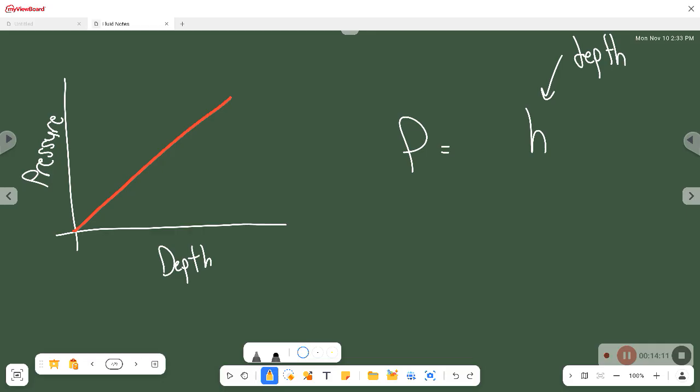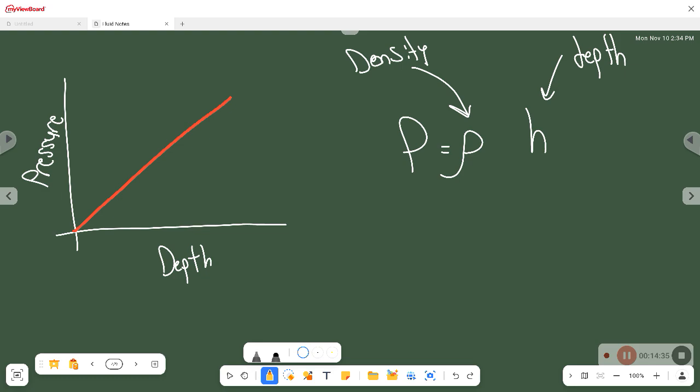So we are also going to include density in our equation here, okay? I'm going to use the Greek letter rho to represent density. I was using D before, I'm switching to a new letter, so that's going to help us later. This is the Greek letter rho. It kind of looks like a P with a little tail.